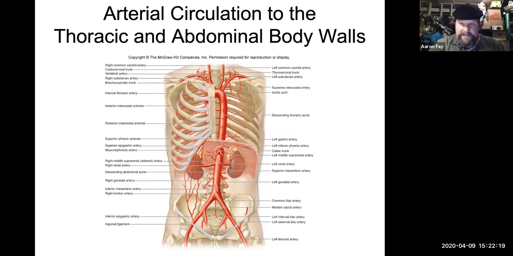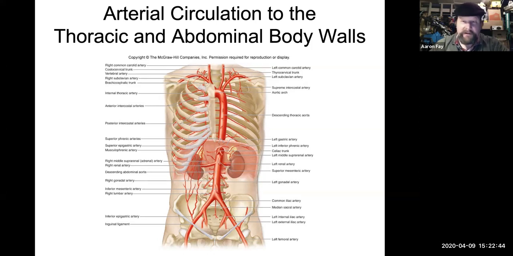Now, if you think about this for a second, this totally makes sense for ovaries, because where are your ovaries? Your ovaries are inside your abdomen. What about testes? Testes are not inside the abdomen. Do ovarian arteries branch here? Yes, they do. Do testicular arteries branch here? Absolutely, yes, they do.